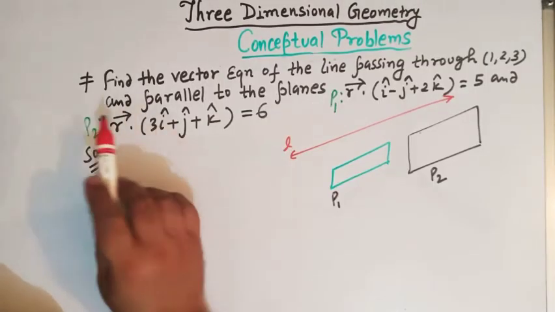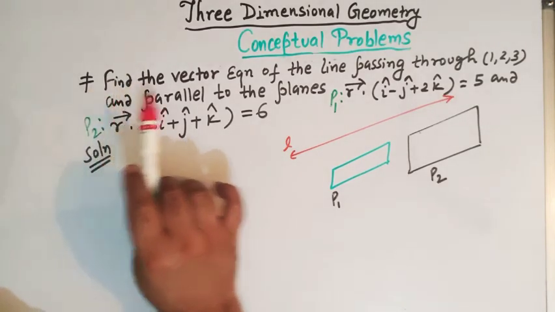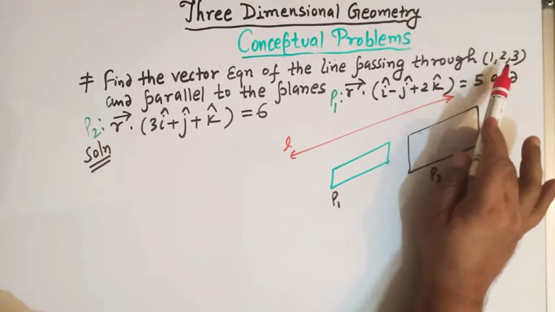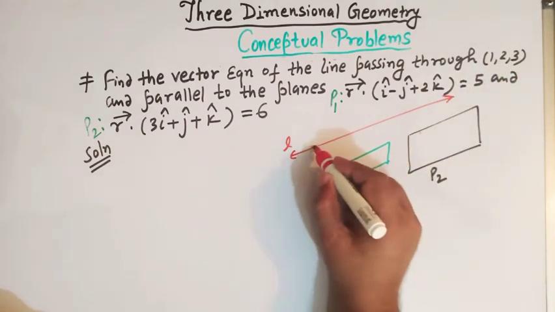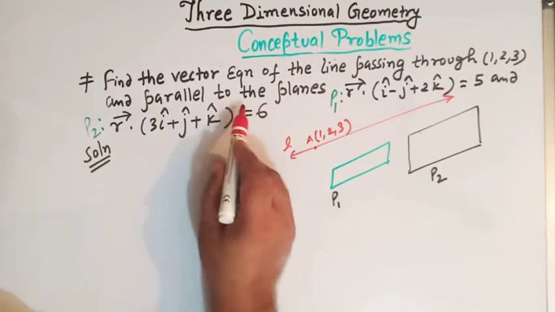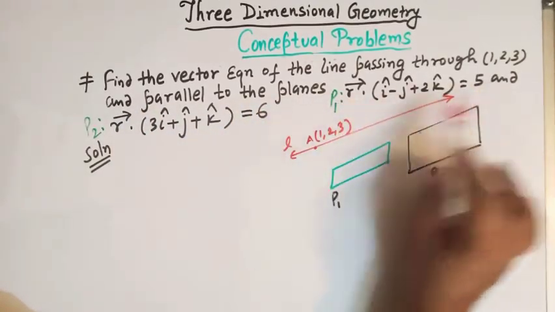Now let us consider this problem. Find the vector equation of the line passing through (1, 2, 3) and parallel to the planes P1 and P2.